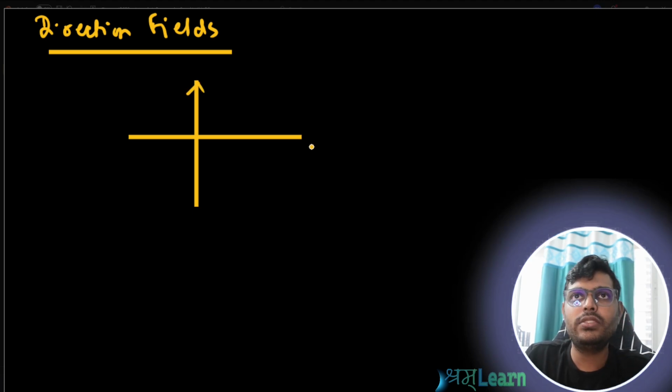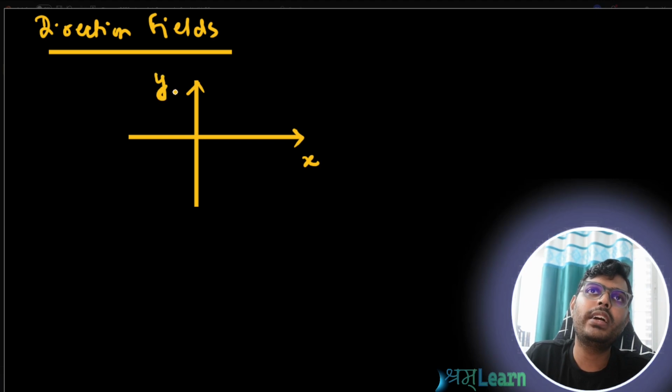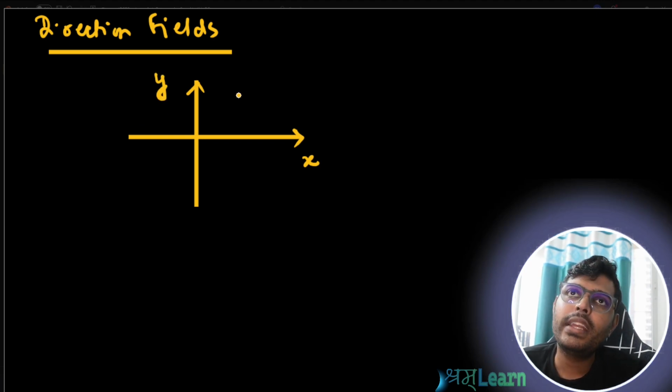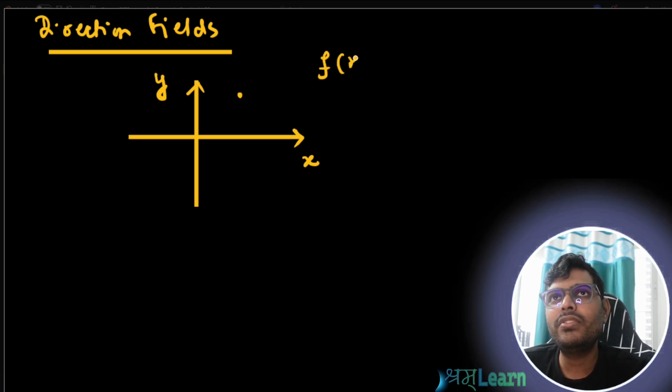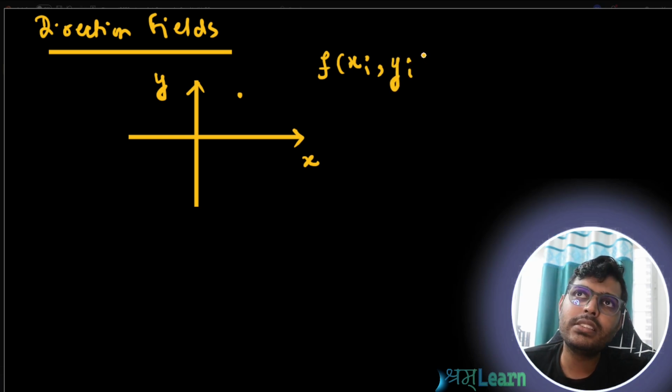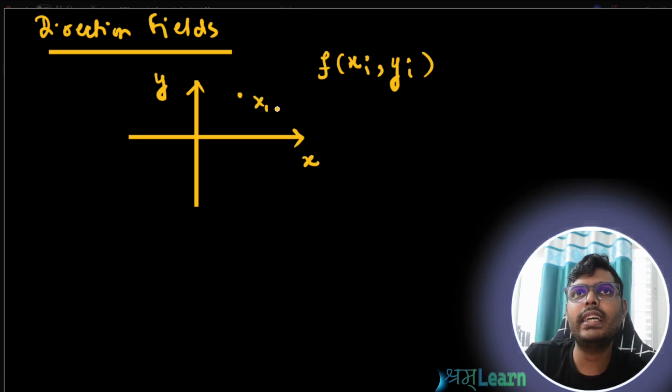So yes, for all x and all y, the general term x is xi, general term y is yi. So for all xi, yi, can I find the function value?